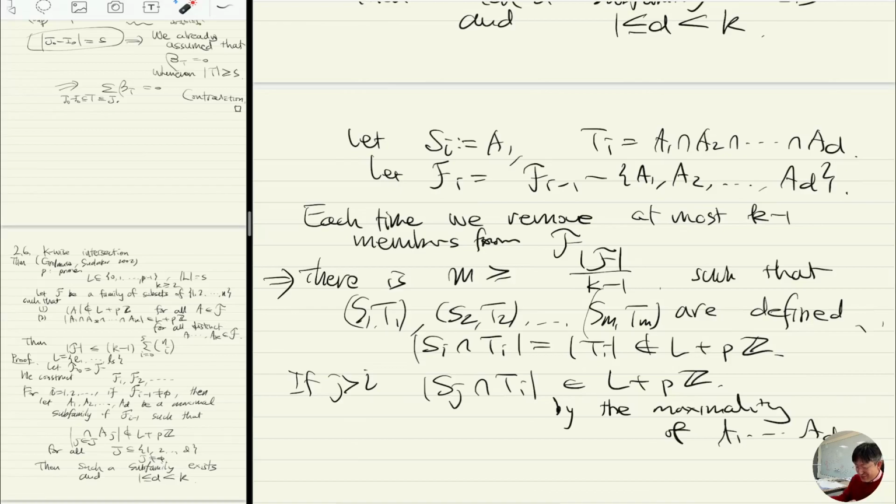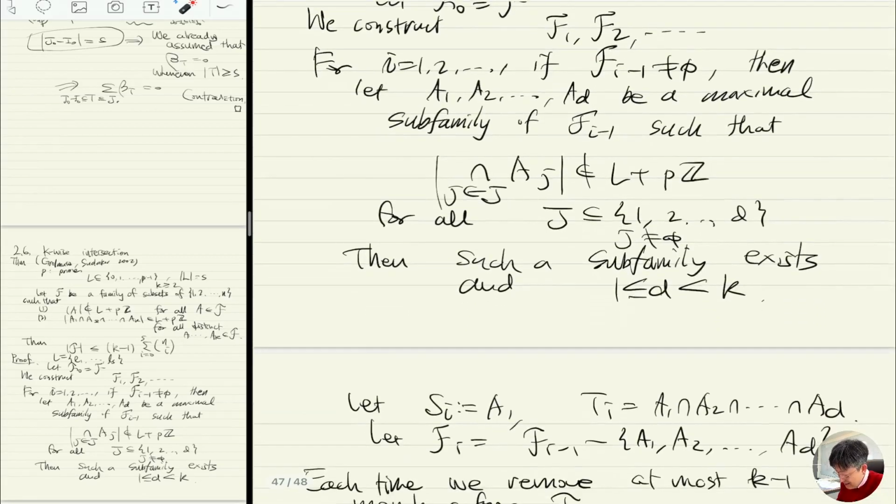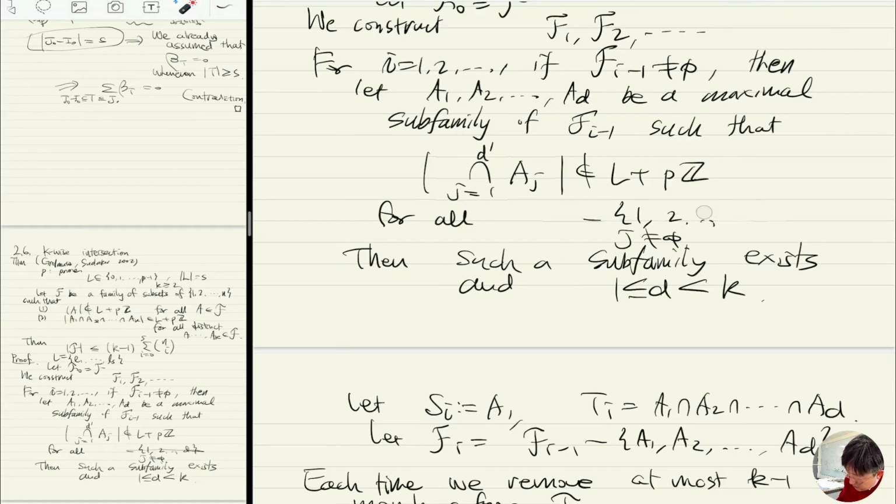Okay, I think I have to fix the proof here. So when you choose the family, let me change this wording. Now I realize where it could go wrong. We want the intersection of Aj, j from 1 up to d prime, for all d prime less than or equal to d.